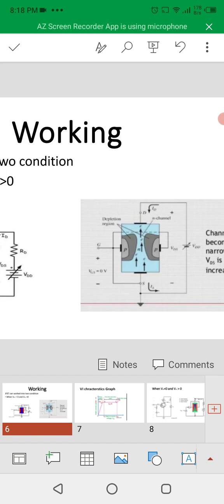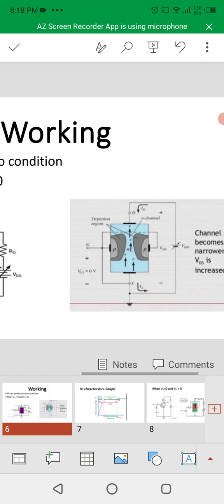The P side depletion region has high thickness. The thickness of the depletion region of the P side increases.